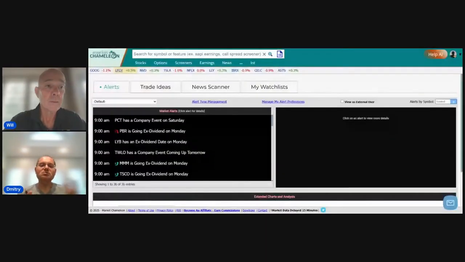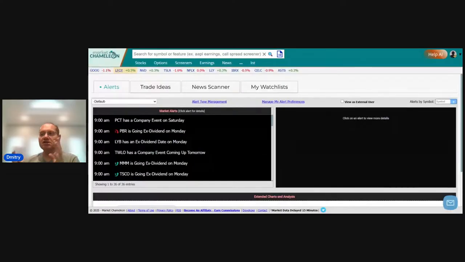You could have a short dated expiration, let's say 30 days, where you have implied volatility, but if you go out 60 days, the implied volatility could be higher or lower. You go out 90 days, it could be higher or lower than that. And what we want to do is take a look at the differences between them and see how those differences compare to each other over time.